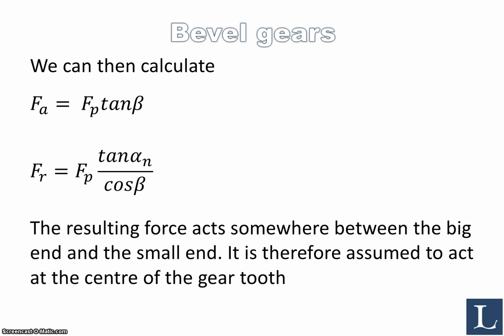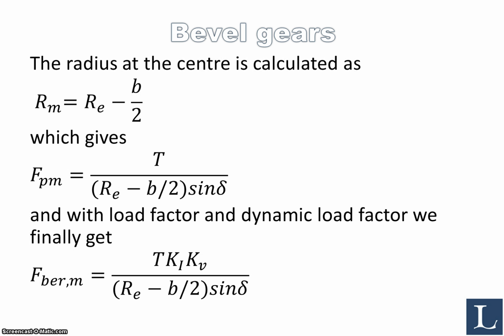Now the resulting force will act somewhere between the big end, that is the outer end of the gear, and the small end, which is the one towards the center. It is therefore assumed to act at the center of the gear tooth. The radius at the center, which is called Rm, m for middle, is calculated as Rm equals Re minus b over 2.